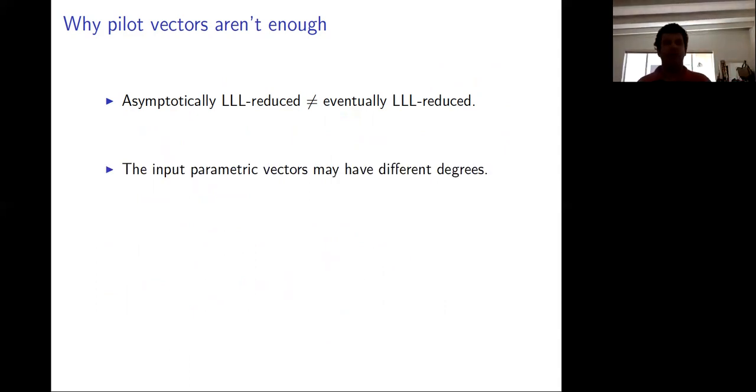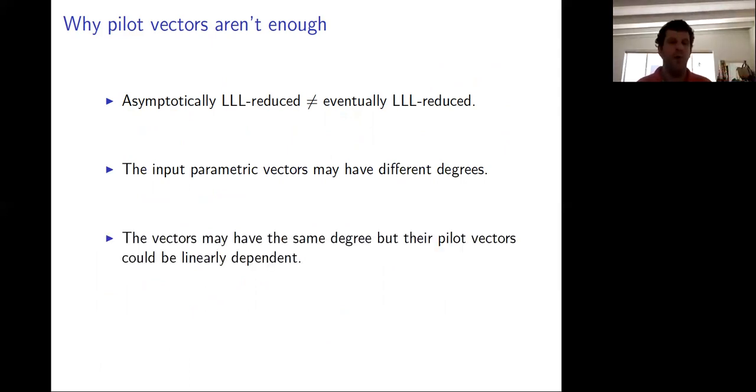And then we may not be in this situation. It may be that we started with vectors that are of different degrees, or we might have started with vectors that were of the same degree, but these pilot vectors could be linearly dependent, as they were in my example. And in these cases, that result just does not hold, not even close. So you have to do something else.